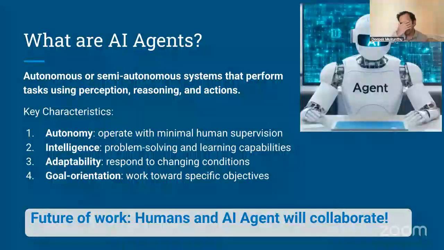Perception is understanding what's happening around that system. These are like sensors and signals captured on what's happening. Reasoning is understanding all of those signals and making sense of them, and then acting. At a very high level, this is what we humans do: we look at things, we smell things, we touch things.